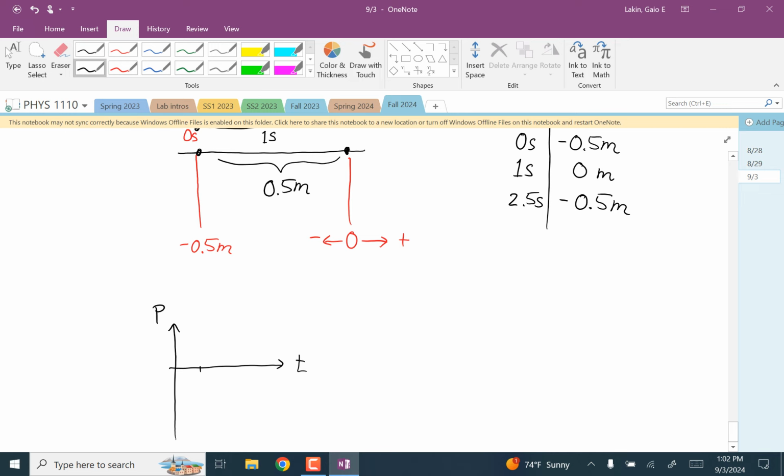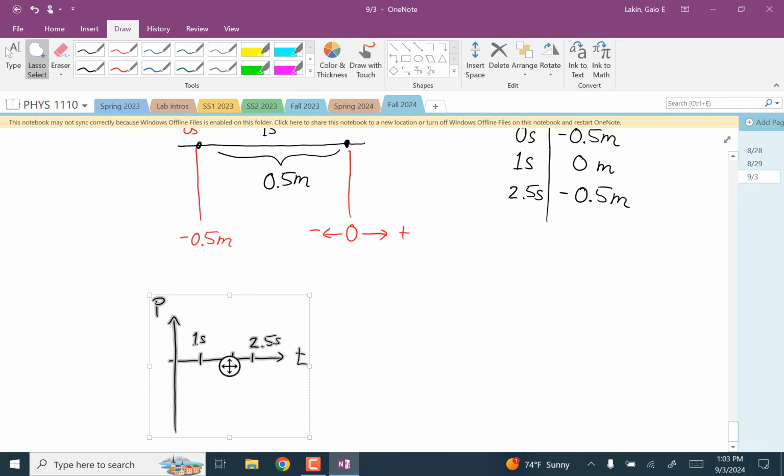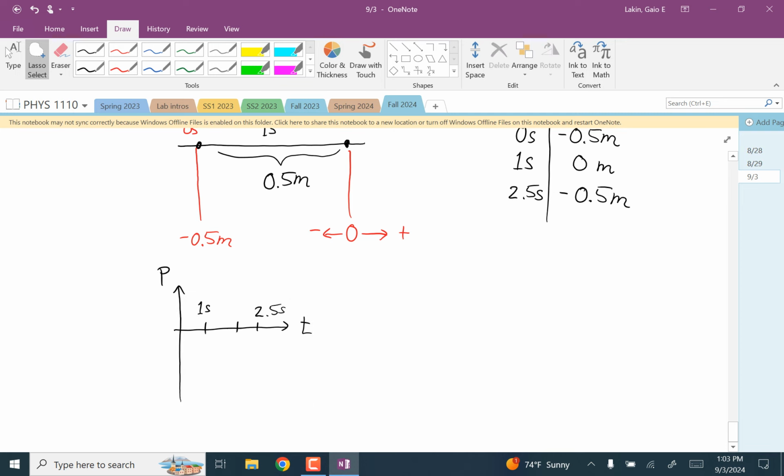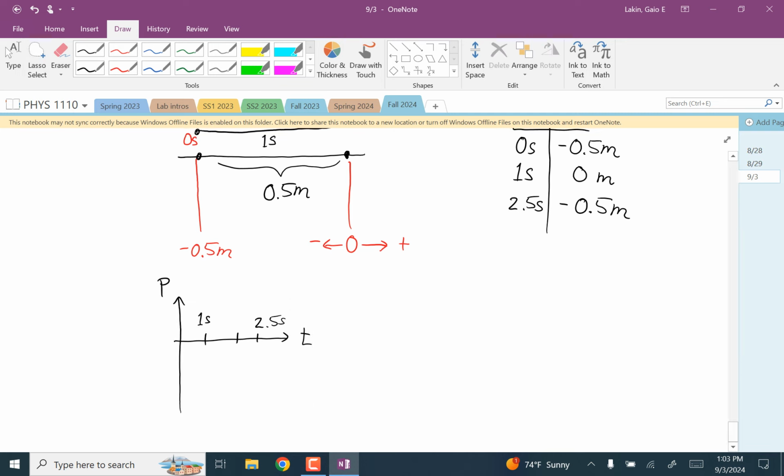So we have 0, 1, 2, 2.5. And the positions that matter that show up are 0 and negative 0.5 meters.